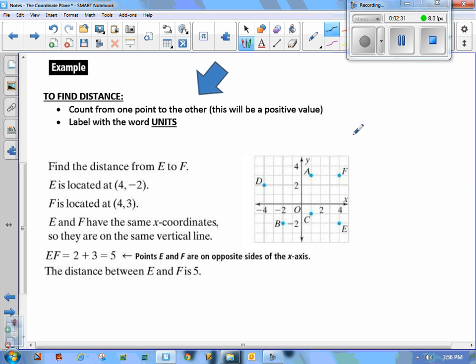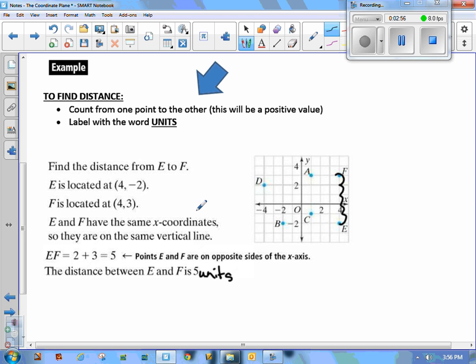So here in this example, in this coordinate plane, they asked us to find the distance between E and F. Down here is point E, and up here is point F, and you're simply going to count 1, 2, 3, 4, 5. So the distance between points E and F is a total of 5 units.